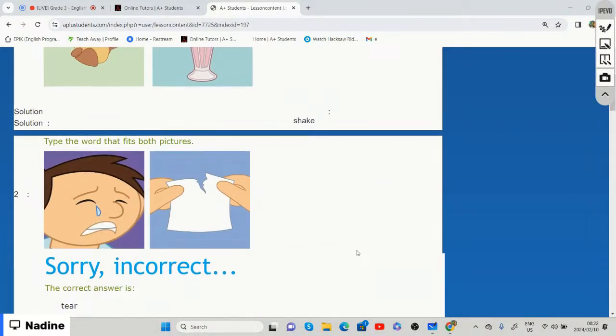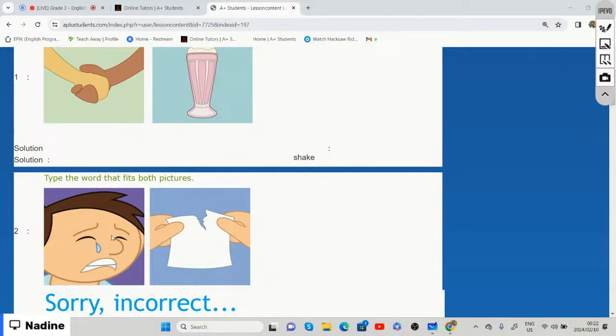All right, if we look at the next picture, it says type the word that fits both of these pictures. So look at the first picture. We have a boy that is crying.